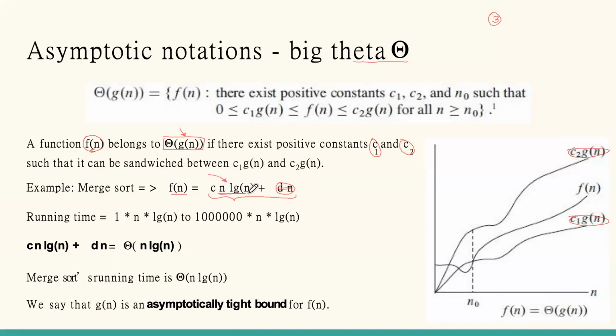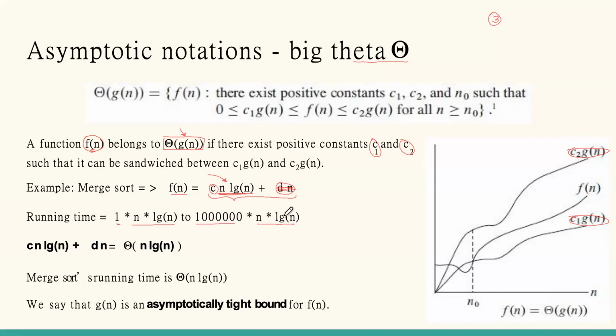That is, the running time is always at least n log n, and at most a very large constant c times n log n, plus some constant times n. In other words, such a running time can be expressed as being between a very small constant times n log n and a very large constant times n log n.